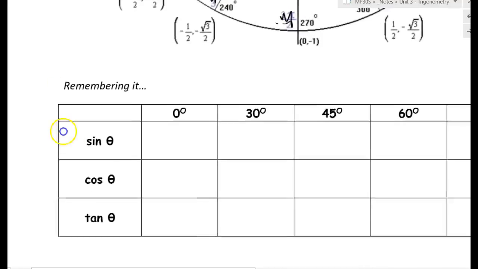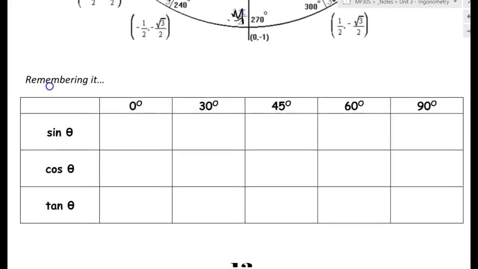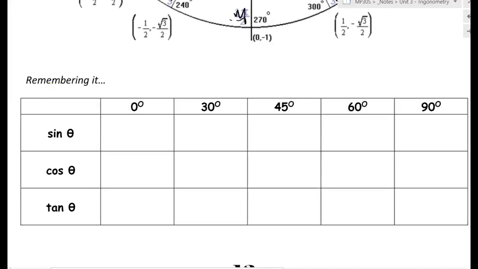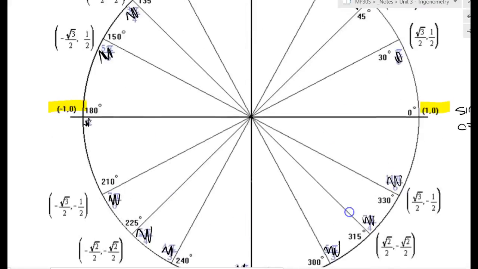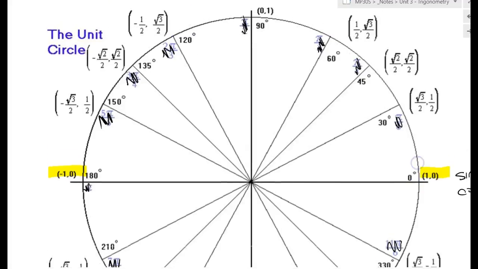In order to remember your unit circle, instead of picturing this whole thing, that is a lot of work. You could memorize quadrant 1 and then just use our rules about sine being positive, tangent being positive, and cosine in order to generate the rest.